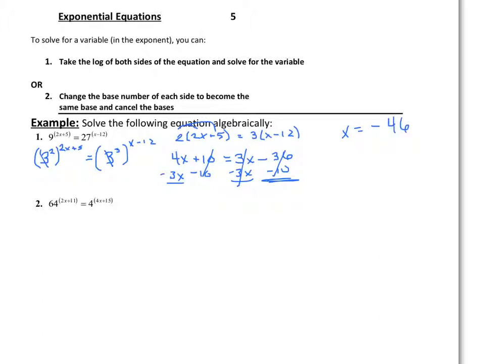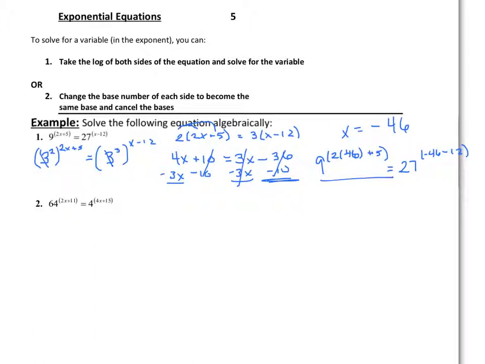And if I wanted to check that, I'd just type it in to my calculator and plug in negative 46. So 2 times negative 46, whoops, plus 5 would equal 27 raised to the negative 46 minus 12.